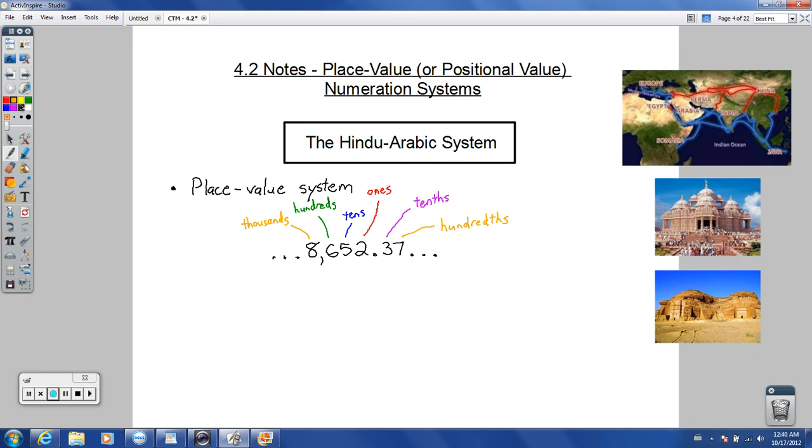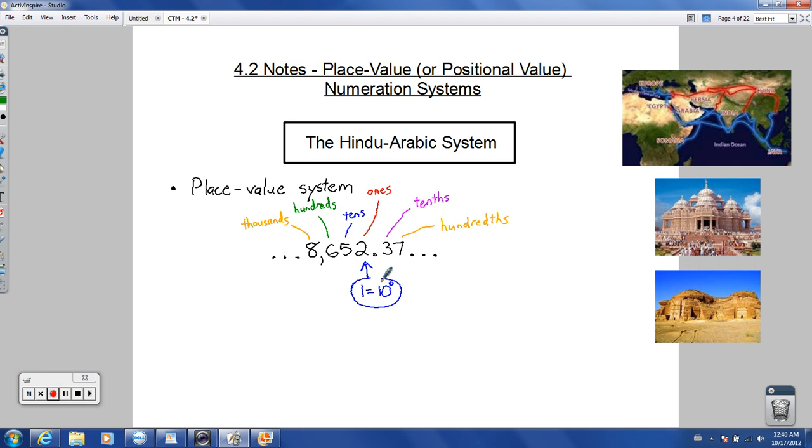But basically what this comes down to for our purposes is that this spot right there is like 1. That also equals 10 to the 0 power. So all these different places are just basically powers of 10. We have a base 10 system.